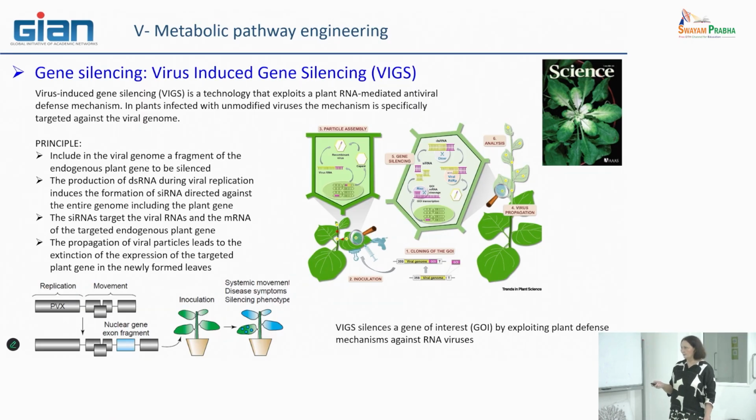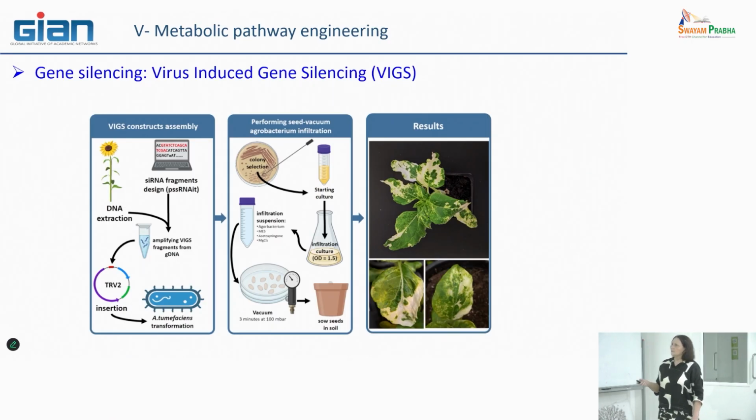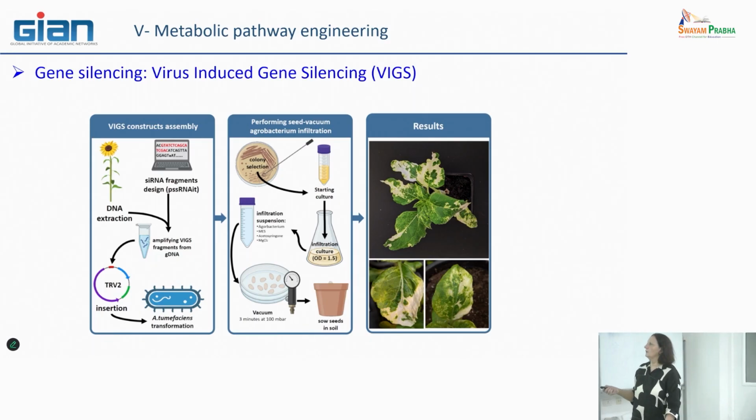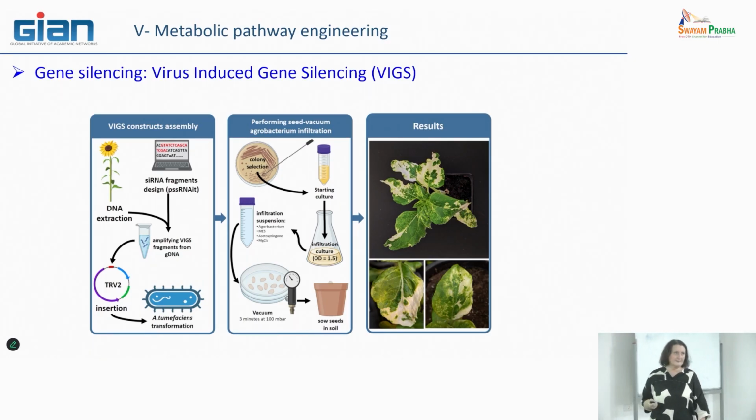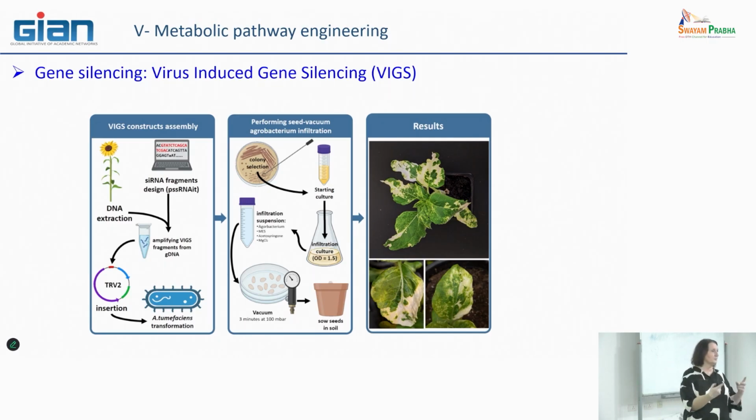So the idea of the workflow is quite easy. You always have to know the sequence of the gene you want to target. By computer, you can design the sequence that could be the best to target it for silencing.